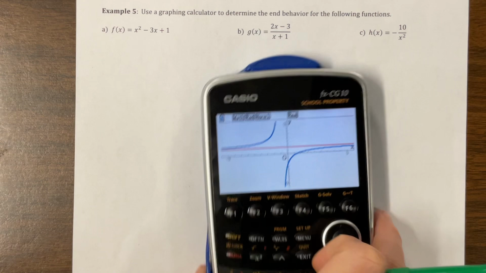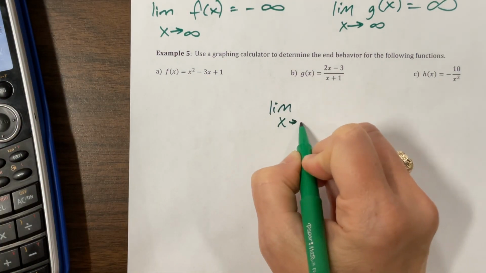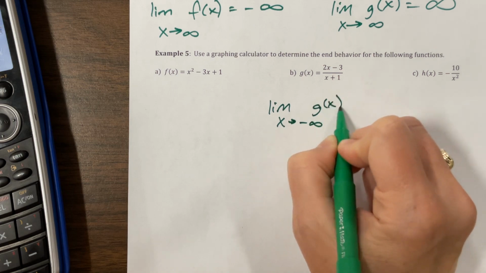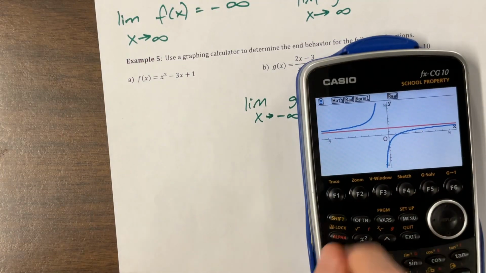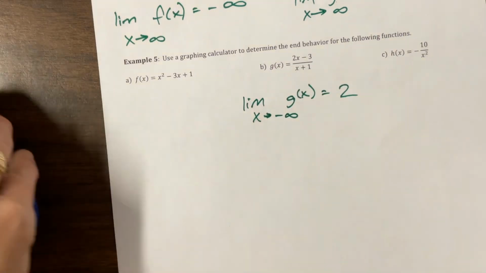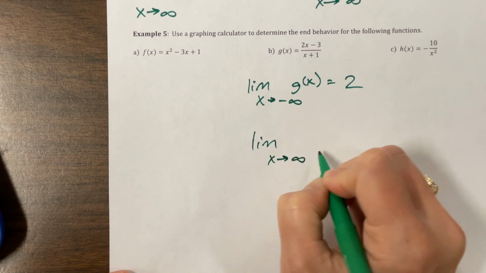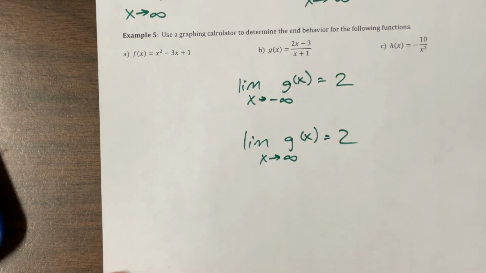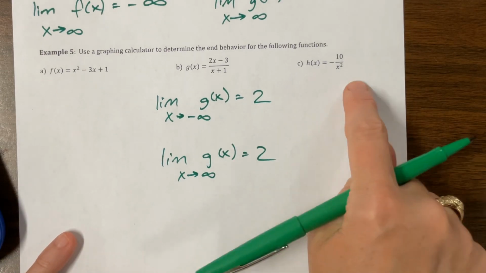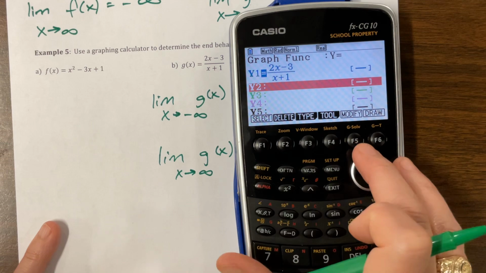So the limit as x goes to negative infinity of g of x is going to equal this positive 2. It gets closer and closer to that value of positive 2. Likewise, the limit as x goes to positive infinity of g of x is going to be equal to positive 2 also.